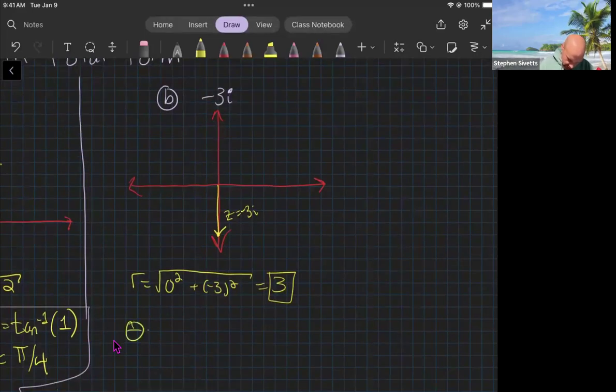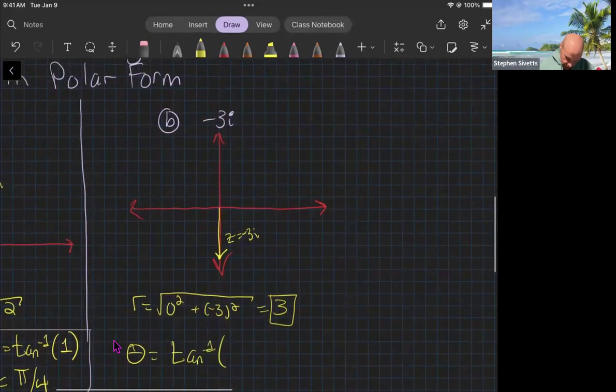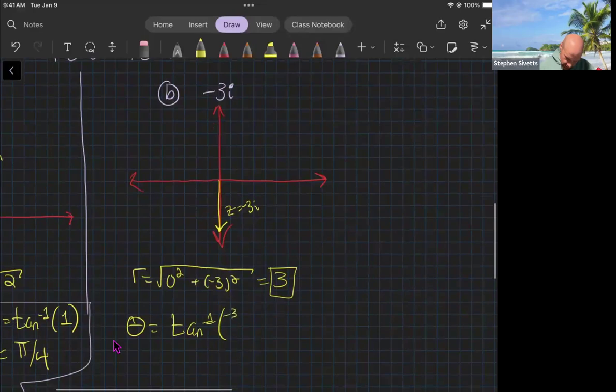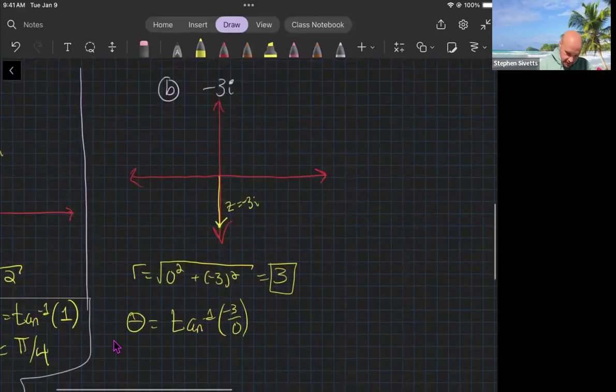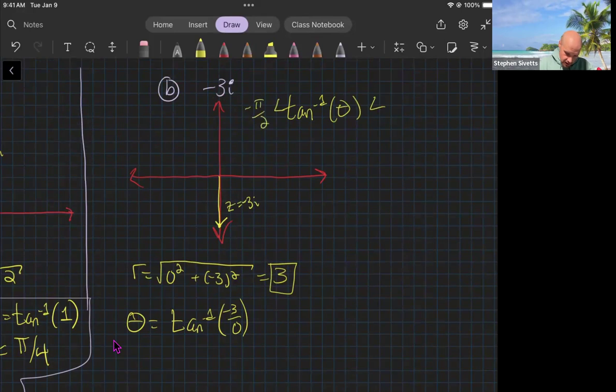And then theta is equal to inverse tangent of minus 3 over 0. Uh-oh, that's bad news. But, you know, inverse tangent of just any theta, well, it's in between minus pi over 2 and pi over 2, right?